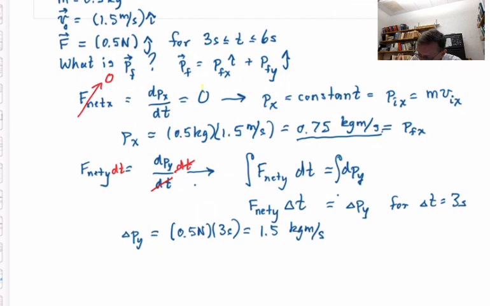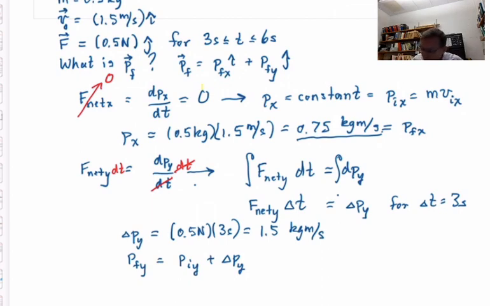Okay, but the final y momentum will be equal to whatever the initial y momentum was, plus how much the y momentum has changed. It's kind of what change means, right? If you've got a certain amount of change in something, you take the initial value plus the change, and you get the final value.